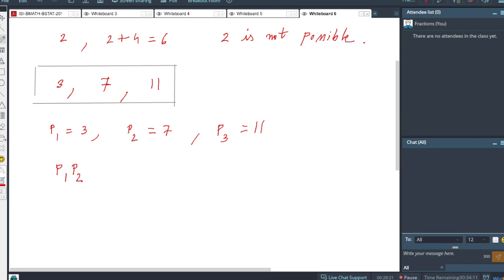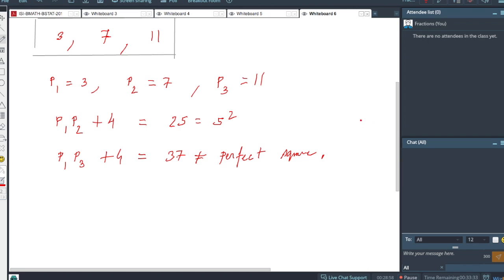P1 times P2 plus 4 should be a perfect square. And so here we get that it's 3 times 7, that is 21, plus 4 is 25, which is a perfect square. But P1 times P3 plus 4, that is 33 plus 4, which is 37, is not a perfect square. Okay, so the next thing that comes to our mind is, is there no solution?